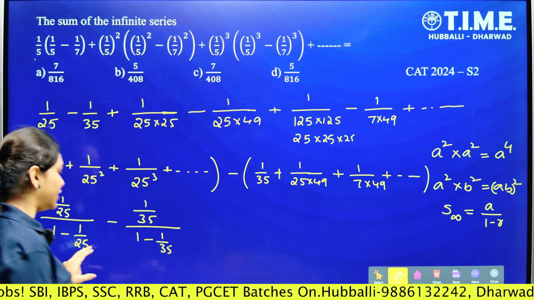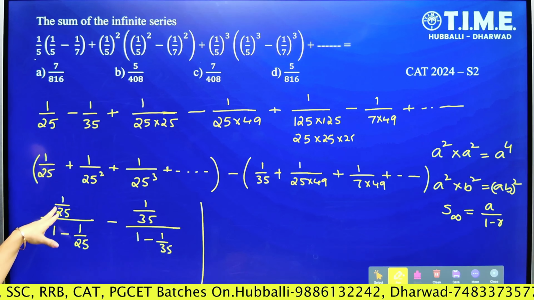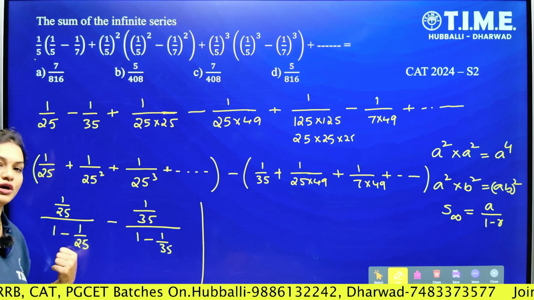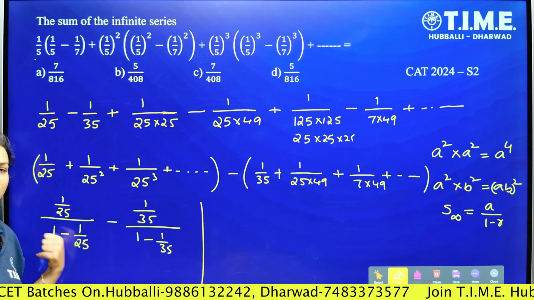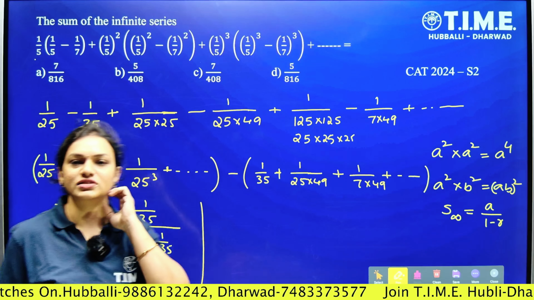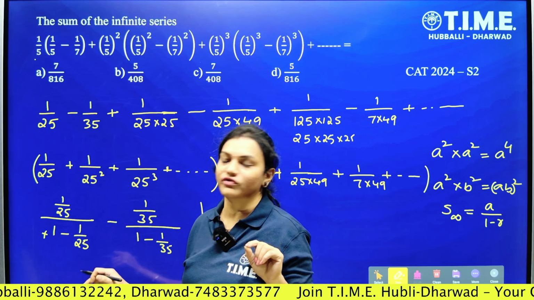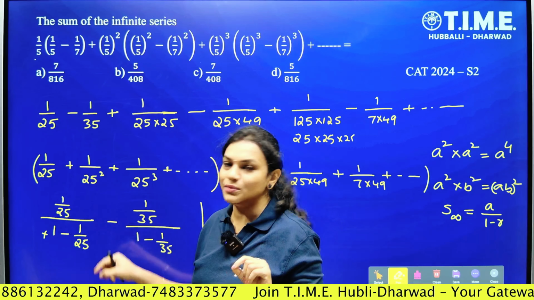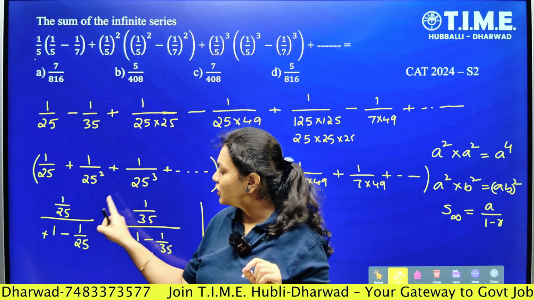Further, if I simplify this: 1 upon 25, again 1 minus 1 upon 25. If I take the LCM here, it is 25. 25 ones are 25, so 25 minus 1 is 24. Just flip it, so I get 1 upon 25 into 25 upon 24.